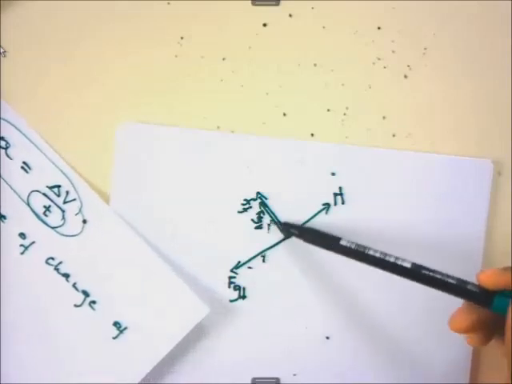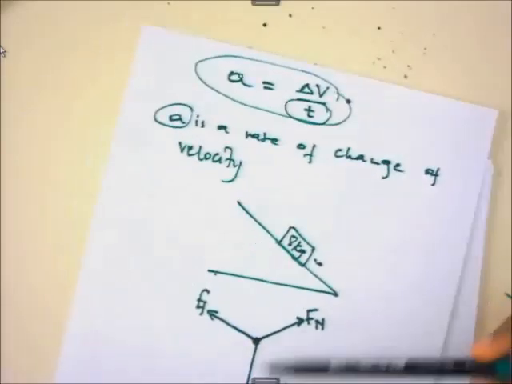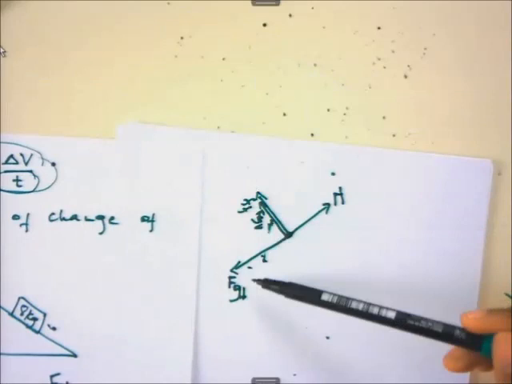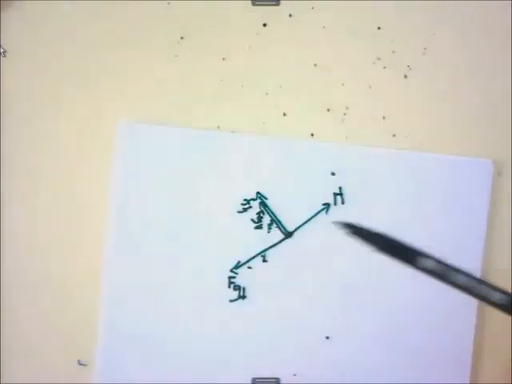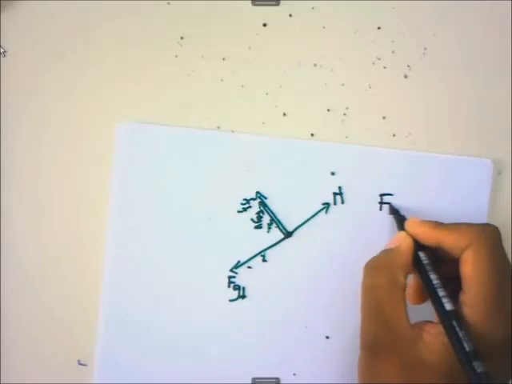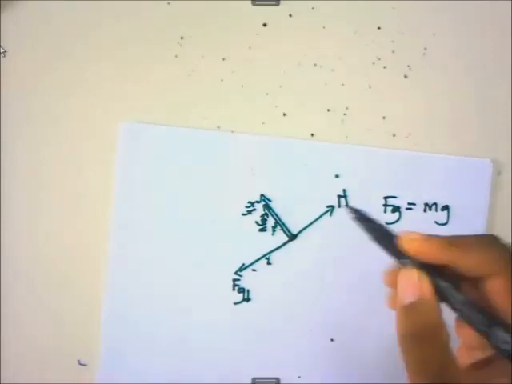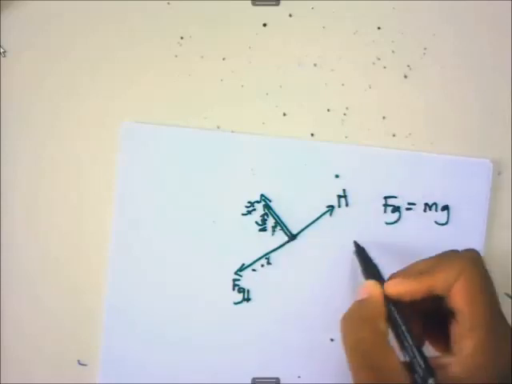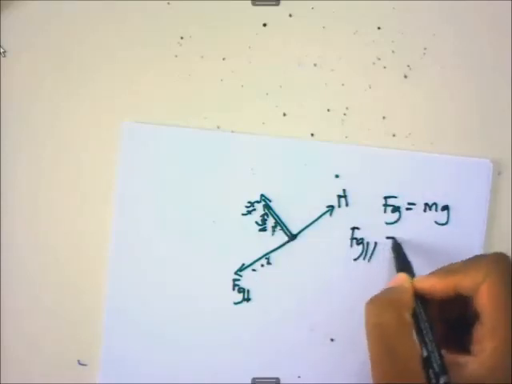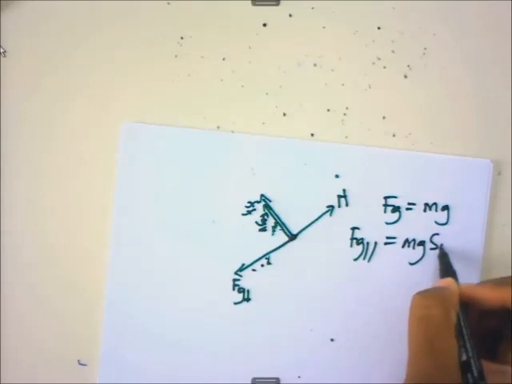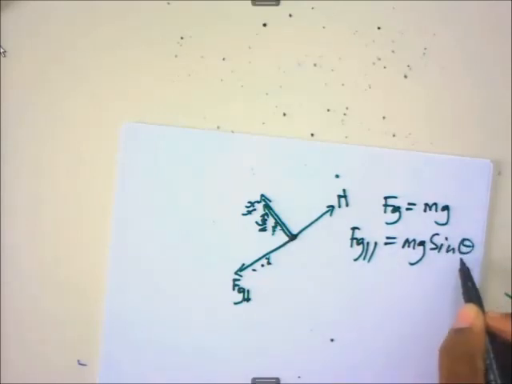These two forces are the components of Fg, and when you add them together, they will give you Fg. Let me write this equation. Fg is equal to mg. For these two components, Fg parallel is equal to mg sine theta, whereby theta is the angle of the slope.